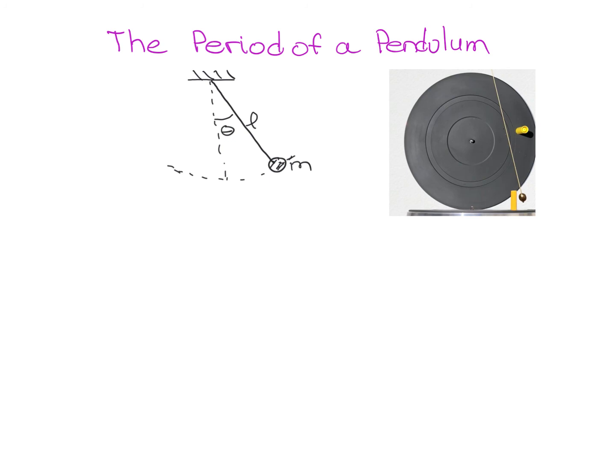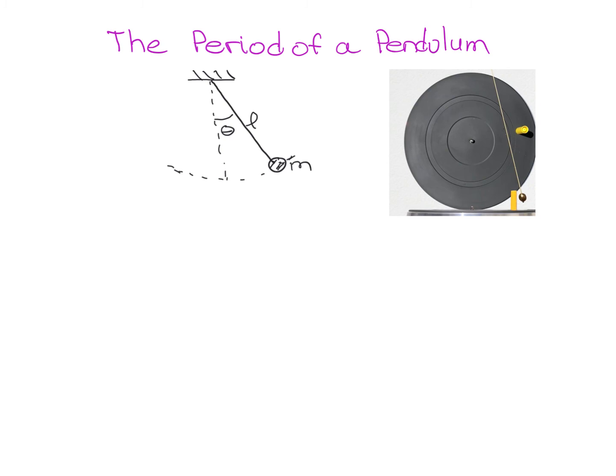And this is a great system to try out our knowledge of torque, rotational inertia, and the rotational form of Newton's second law. Because if you think about a pendulum, you're really rotating about a fixed point here. So let's write down the rotational analog to N2 for the case of a simple pendulum.